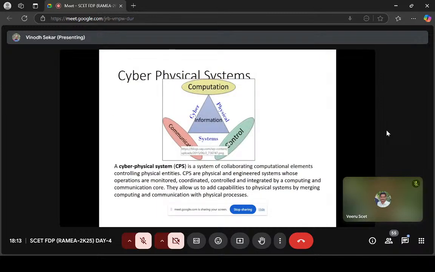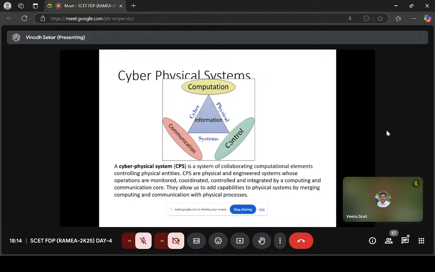As I mentioned, the cyber physical system is the base, which has 3 C's which are very essential: communication, computation, and control. So ultimately, the CPS is the base for the smart factory, wherein we try to collaborate the computational elements which can control the physical entities.